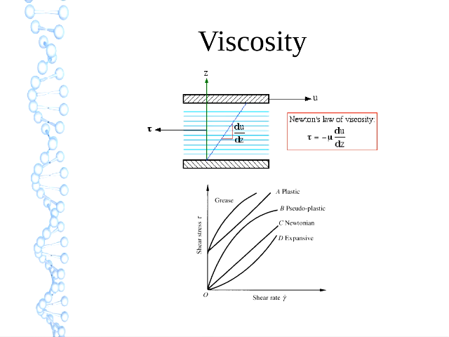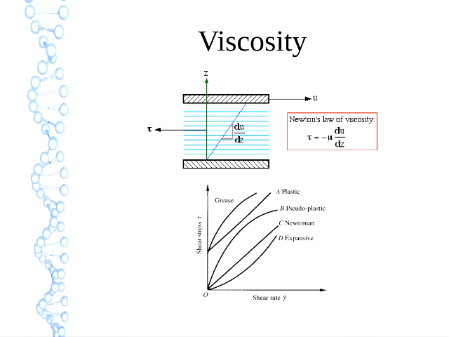The shear rate is the change in speed over the separation. The top figure you can see du dz. For instance, if the separation is 1 millimeter, and the difference in speed is 5 meters per second, it would be 5 meters per second divided by 1 millimeter.